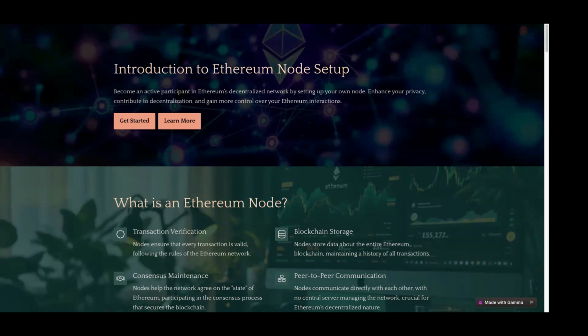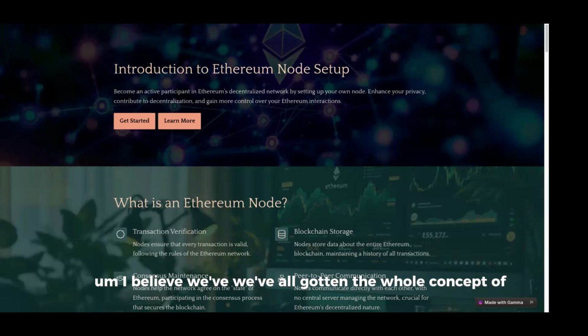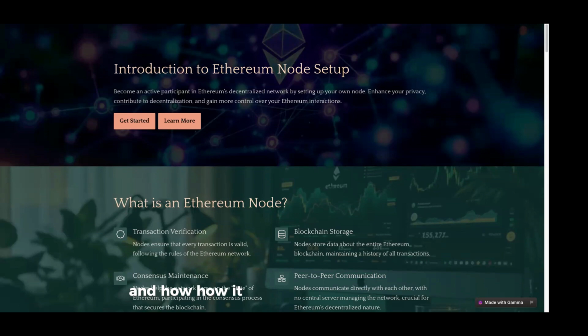So I believe we've all gotten the whole concept of blockchain and how it operates, how it works basically. So I'm just going to continue from where my colleague stopped.